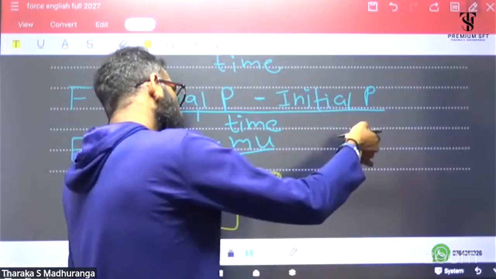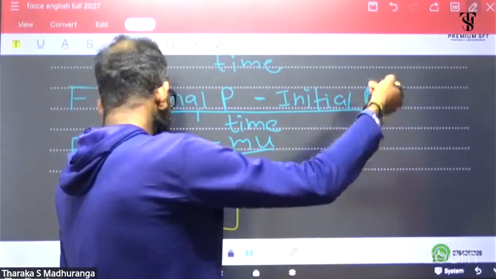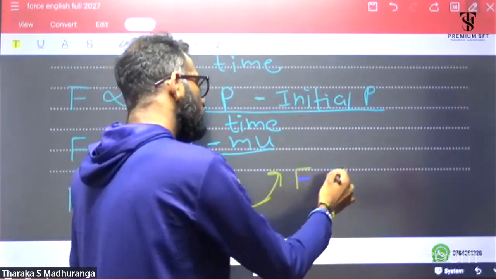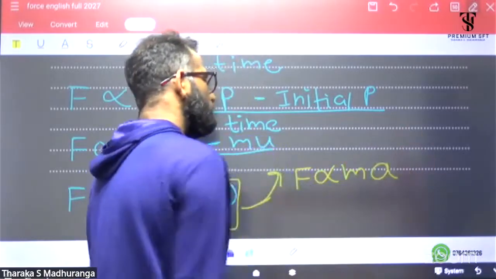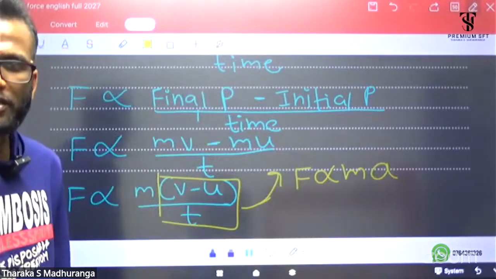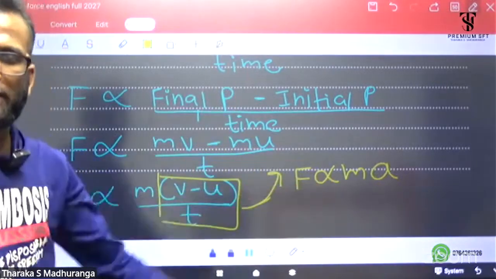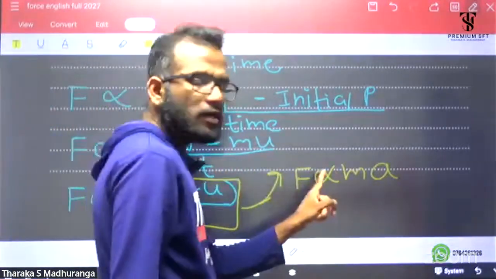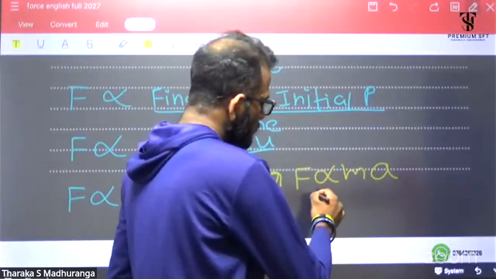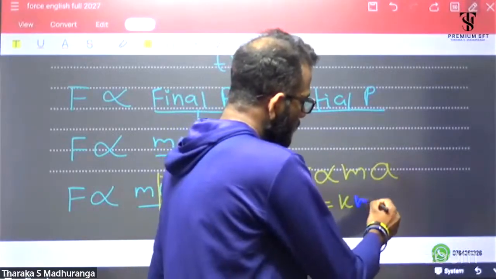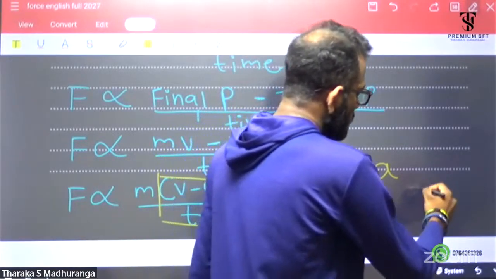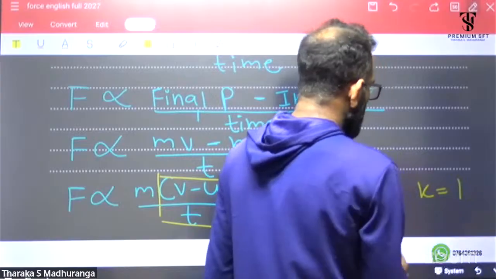Now we can see the unbalanced force is directly proportional to the rate of change of momentum, which is directly proportional to ma. Now we can remove the proportional sign and write it equal to k m a. I told you the k value has been found to be 1.